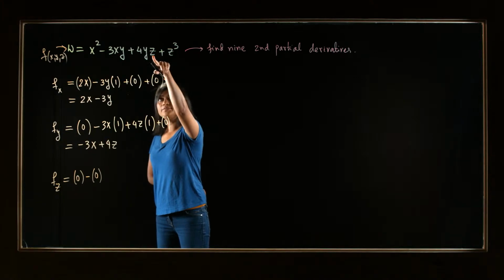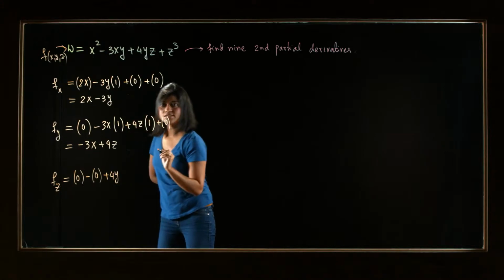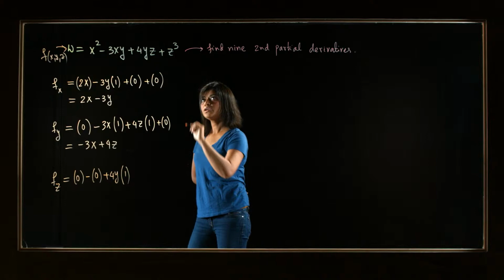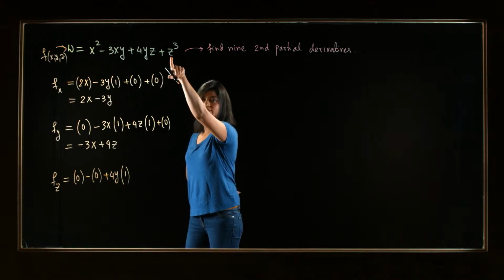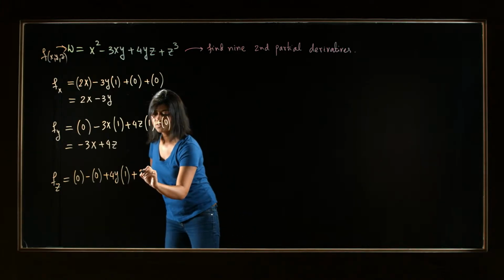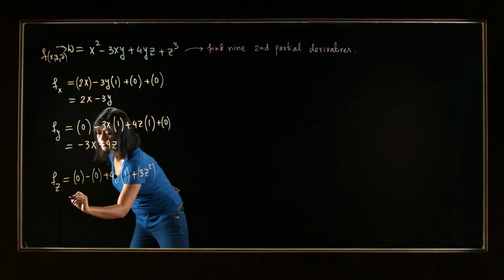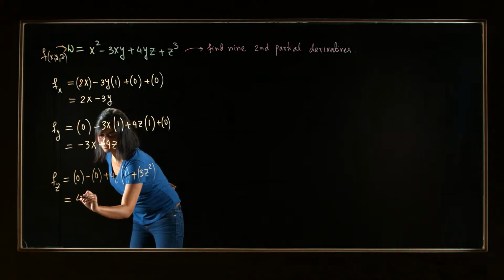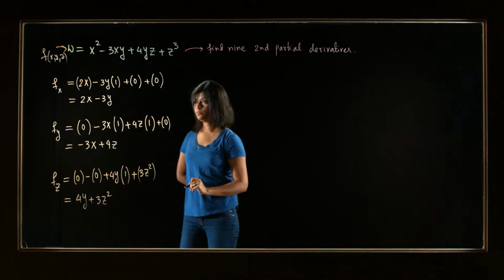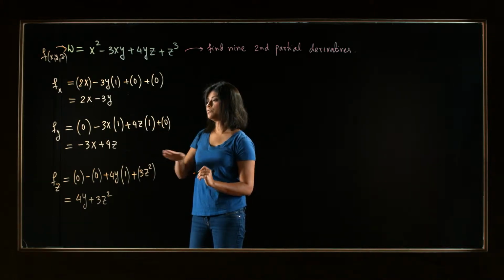Third term has a z, so 4y is constant, write it down as it is, 4y, take the derivative of z, that is 1. Finally, the last term is z cube, so the derivative of z cube with respect to z is 3z square. So when you simplify this, you get 4y plus 3z square. So we have the three first partial derivatives.